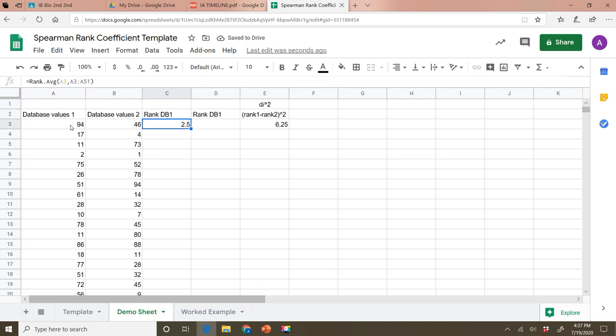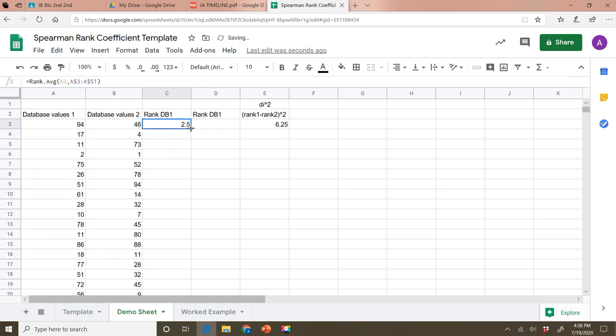What this value is telling me is that if I were to line up all the numbers in this column from largest to smallest, 94 would be the second and a half, which probably means there's another 94 somewhere in there. To copy this equation, because I don't want to write this every single time, I can put a $ here in between the A and the 3 and the A and the 51.